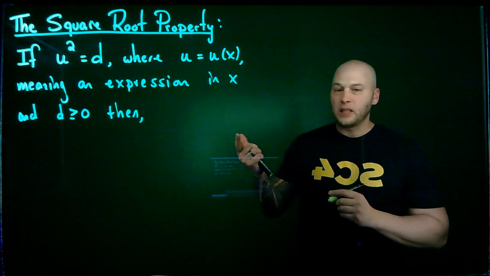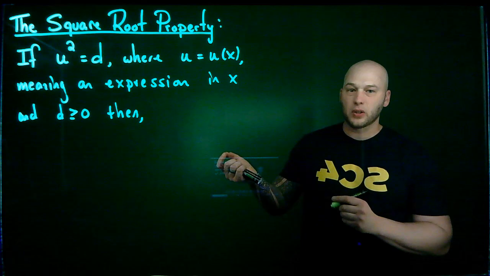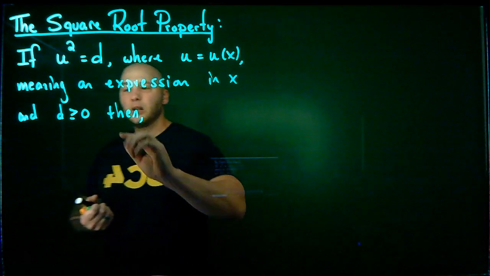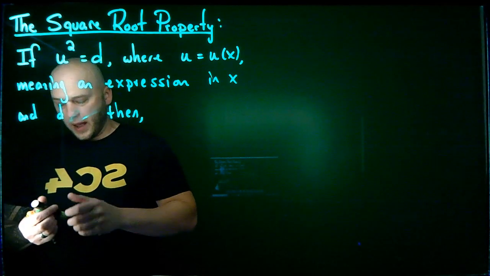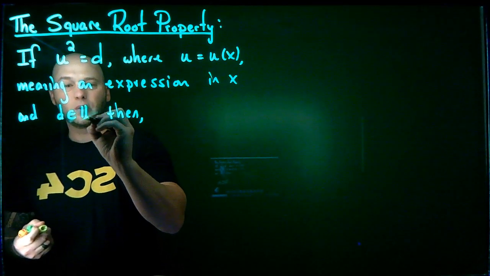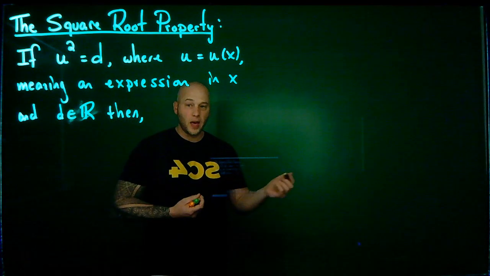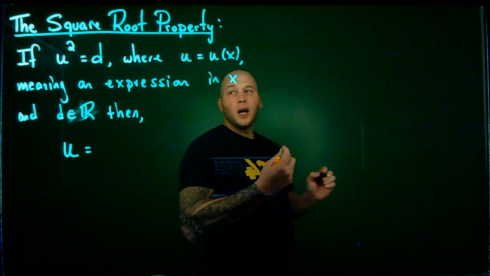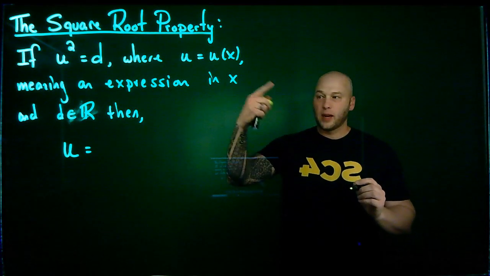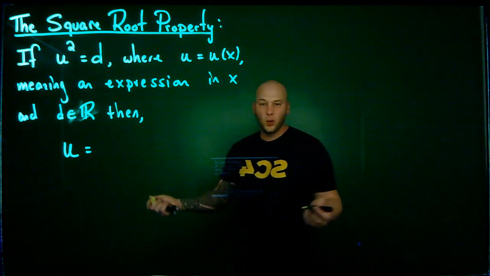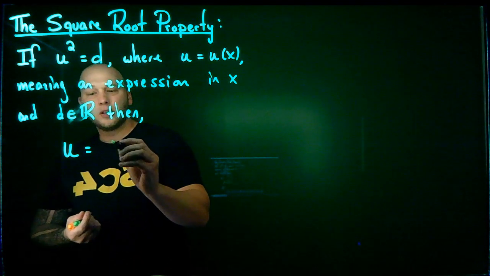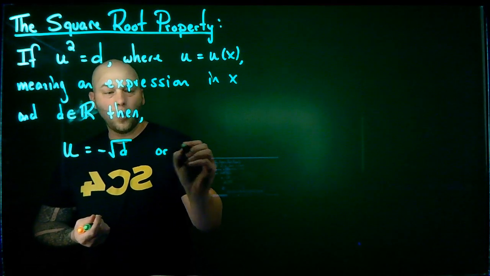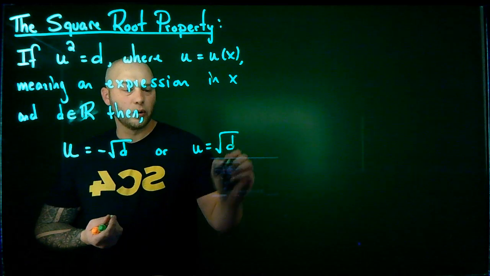Quick side comment, if d was negative, then we would come up with complex solutions. Actually, let's do it this way. Let's include that case. Let's say d is just a real number. So let's include all three cases. If d is a real number, then the value of u, which again is an expression that involves x, could be x plus 1, could be 2x, could be 3x minus 4, something like that, but it's an expression in x, then u is either the negative square root of d, or u is equal to the square root of d.